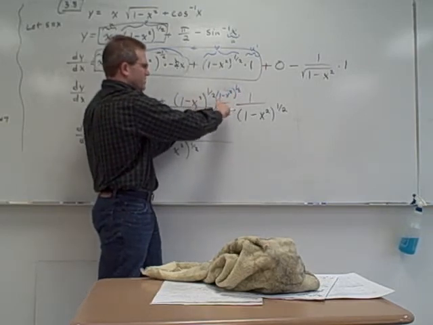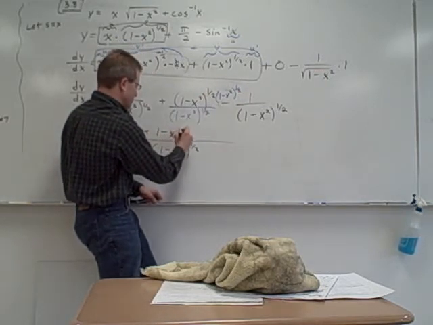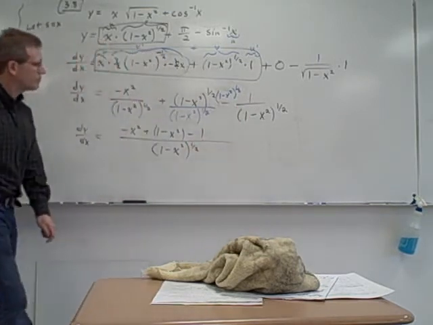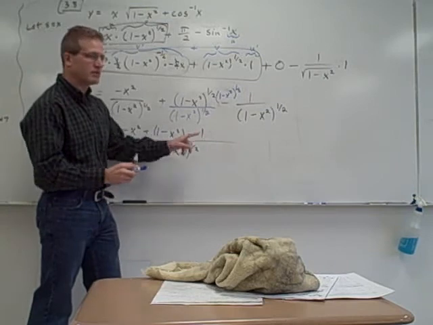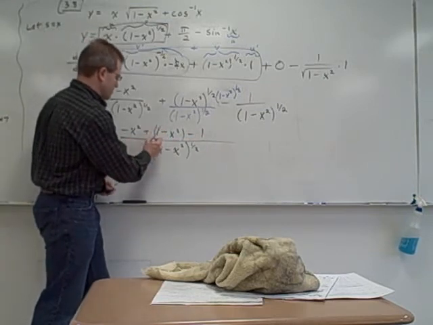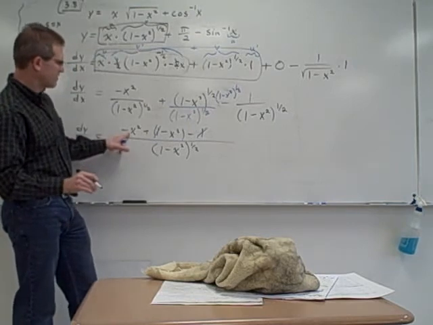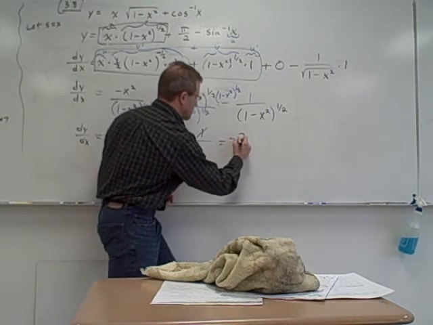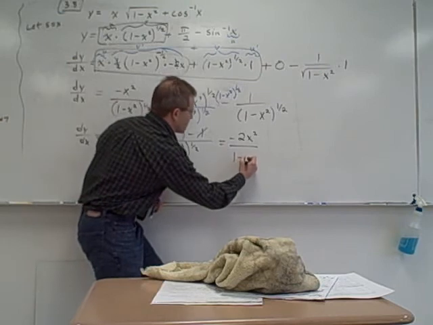So this comes out to 1 minus x squared to the first, or just 1 minus x squared. And then you have this minus 1 over here. Now this is positive 1, this is minus 1, those would cancel. So your final answer is going to be negative x squared plus negative x squared. That would be negative 2x squared over 1 minus x squared to the half.